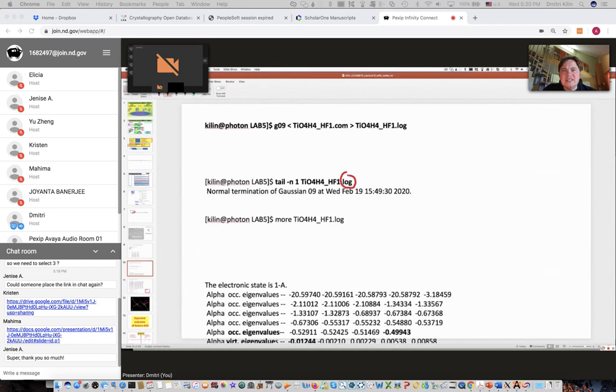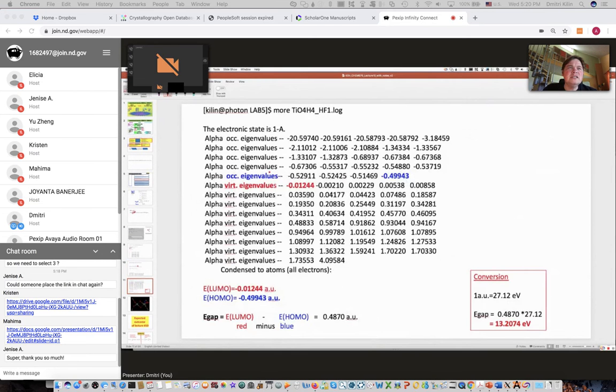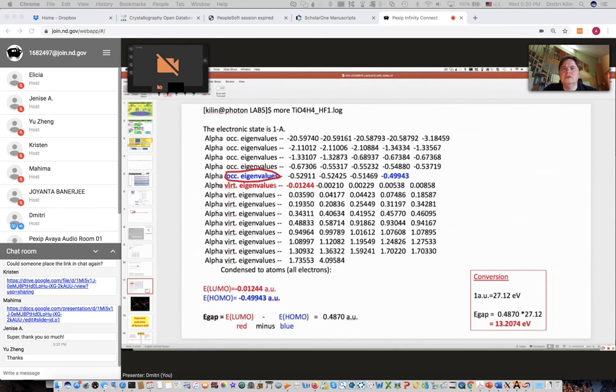And specifically, we are going to identify the list of so-called molecular orbitals and look for the border between occupied and virtual eigenvalues. So these 2 blue and red numbers, and then subtract them and multiply by a constant of 27.